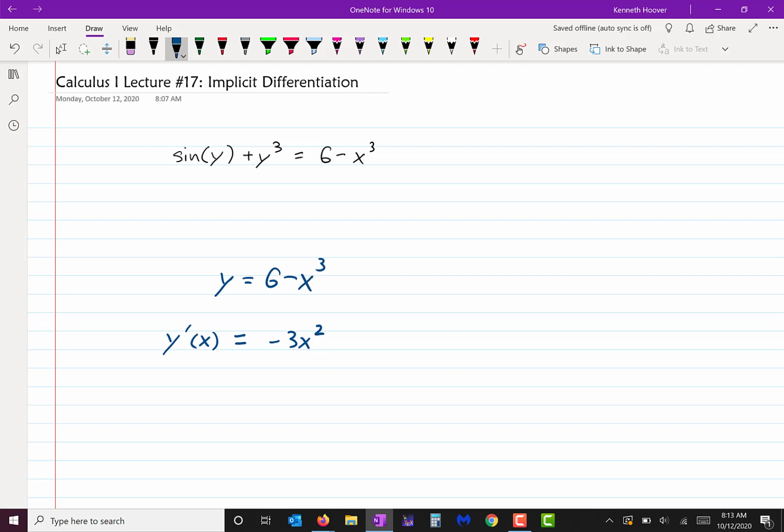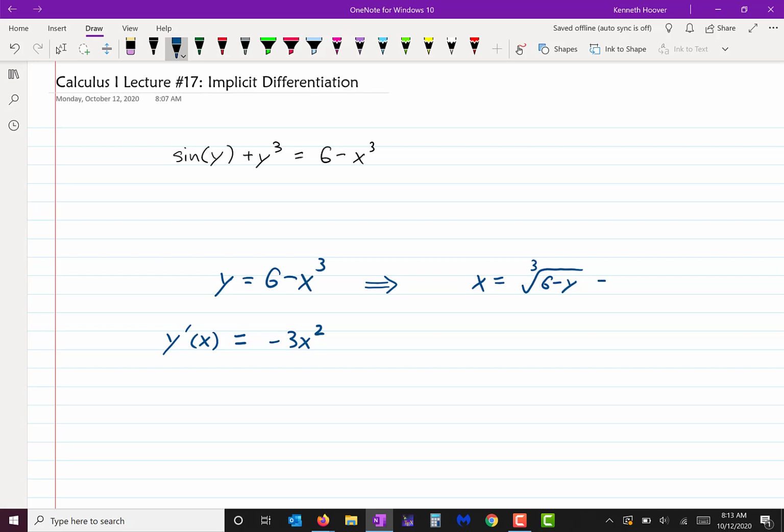We could take that equation and solve it for x, and we would get x equals the cube root of 6 minus y. Do you agree with that? I'm not showing the algebra because everybody should know how to do algebra. But take a second and make sure you agree with that.